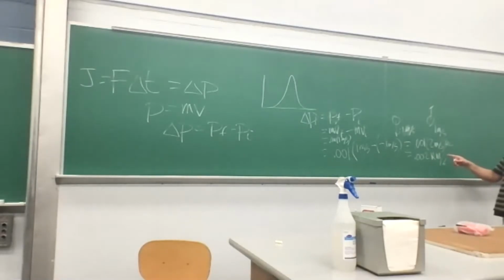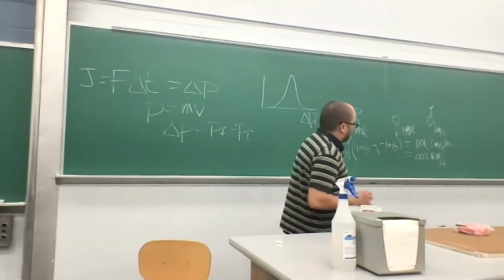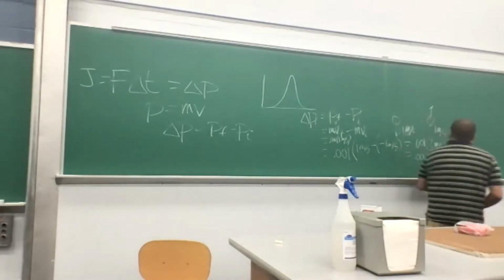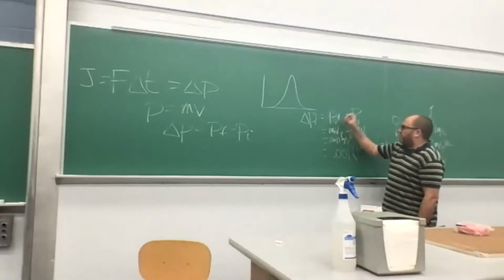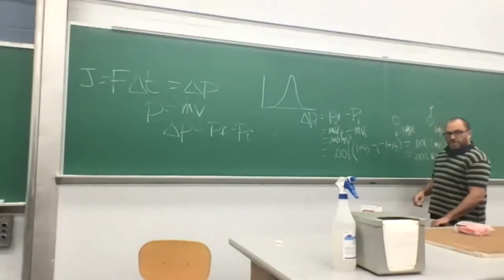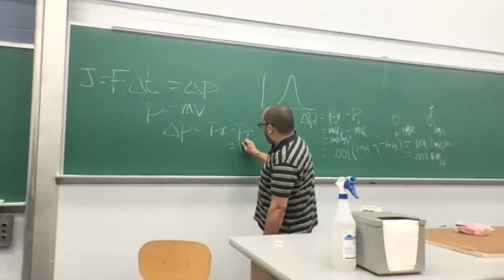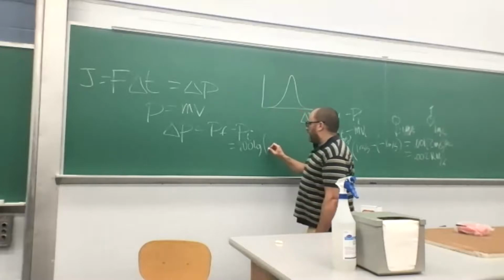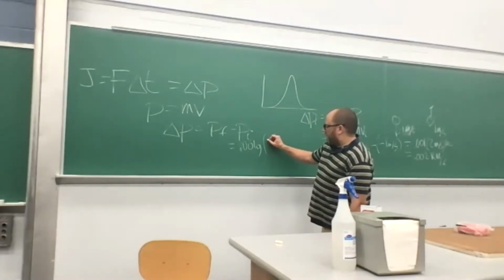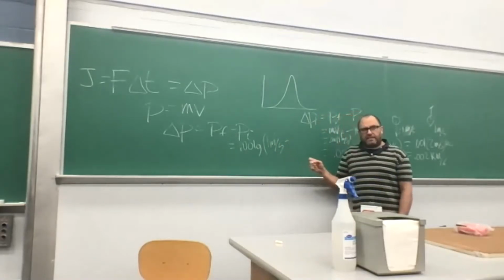Okay. Now, for the other one, since it didn't really have a velocity afterwards, right? Then its final velocity, let's say is 0. Okay. So that was for my bouncy ball. Then for the paper ball, I'll say my mass is the same, 0.001 kilograms, my initial velocity is also minus 1 meter per second, but my final velocity is going to be 0.